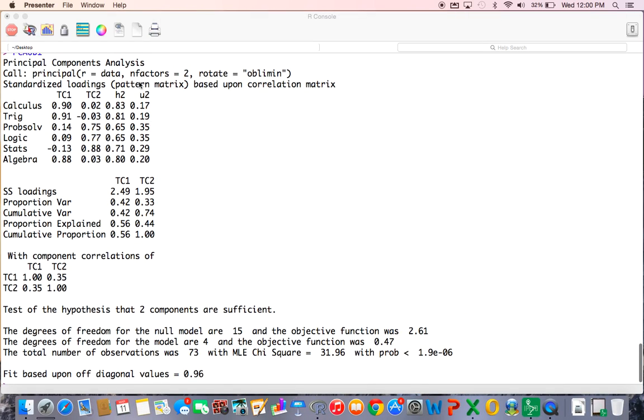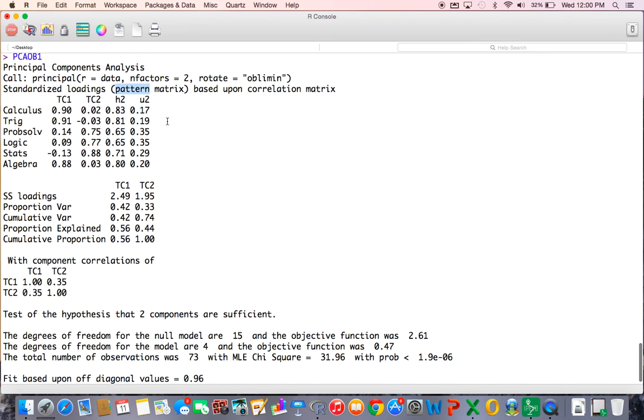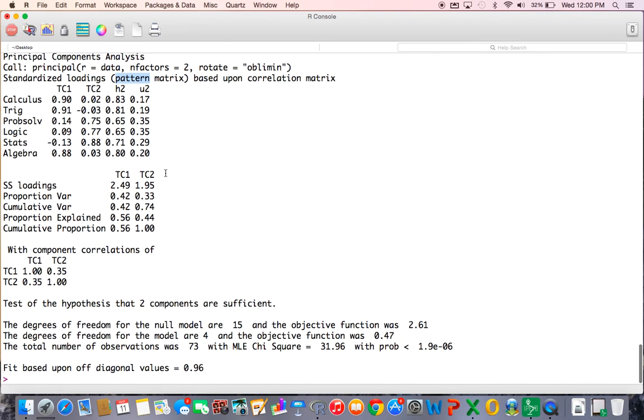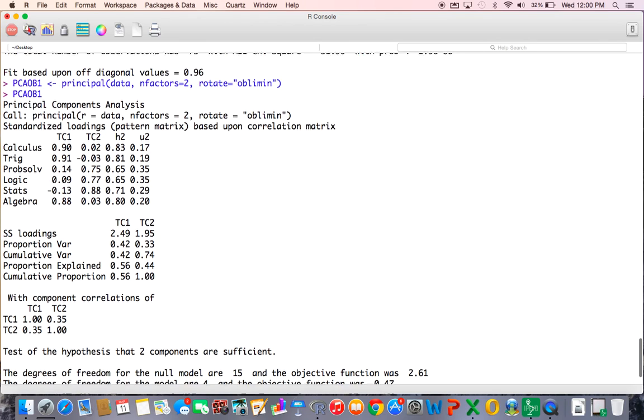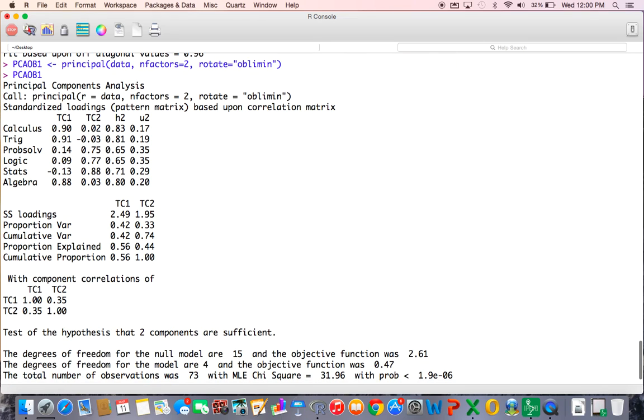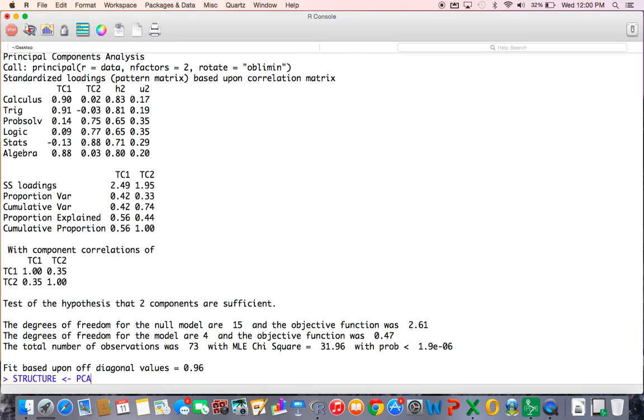Now, again, by default, the principal creates what's called your pattern matrix. So we're going to come in and look at our structure matrix and see if there's any difference. This is quite a lot to type, and I have to write it down. So, what did we call this? PCA OB1. So PCA OB1, and we want to look at our loadings.